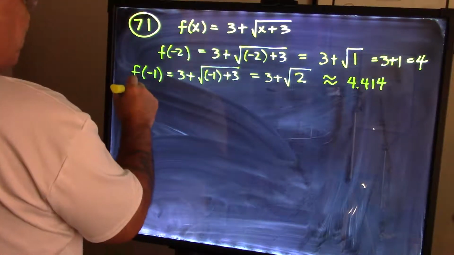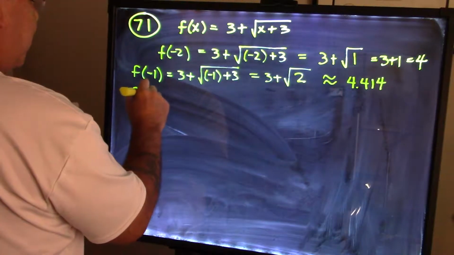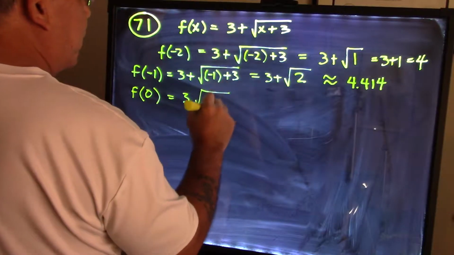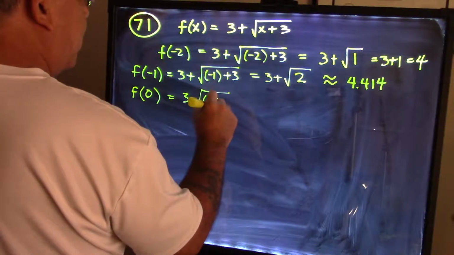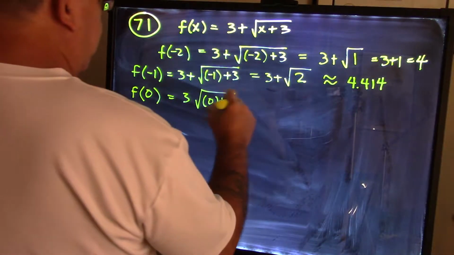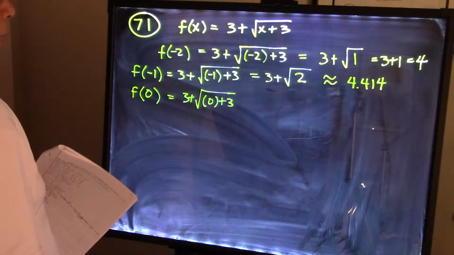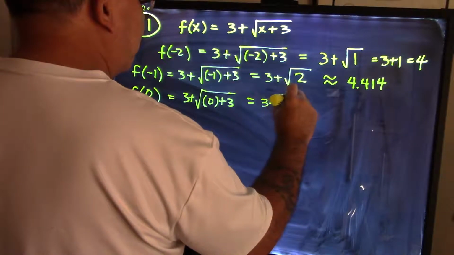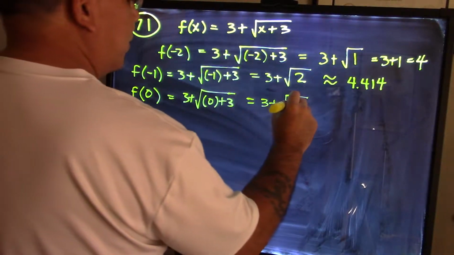Then we have f of 0. 3 plus square root of 0 plus 3. Oops, forgot my plus. And that's equal to 3 plus square root of 0 plus 3 is 3.